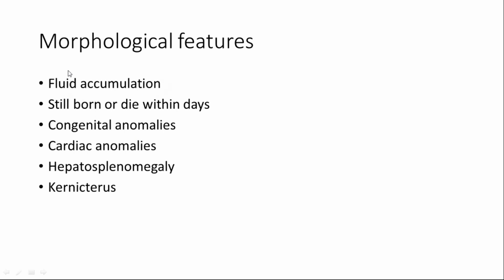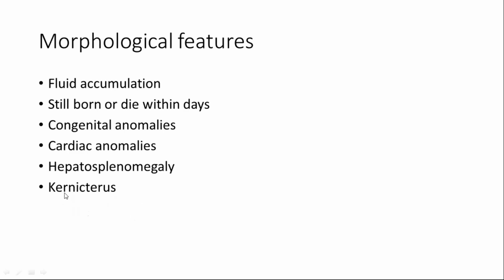There will be complete edema of the whole body. In addition, there will be associated congenital anomalies, cardiac anomalies, hepatosplenomegaly or kernicterus. Kernicterus means jaundice. There will be hemolysis of the RBCs of the newborn.